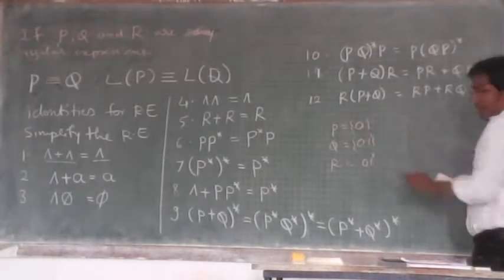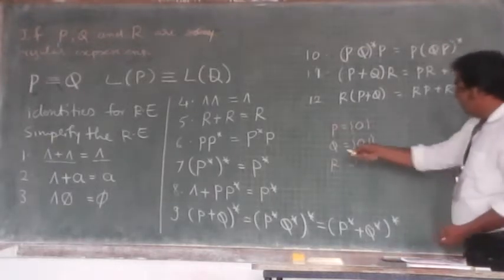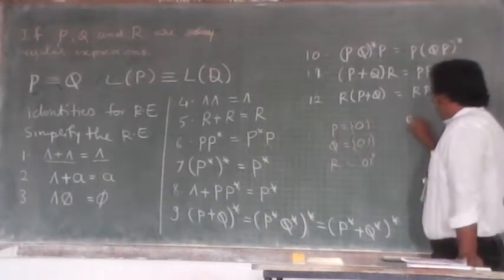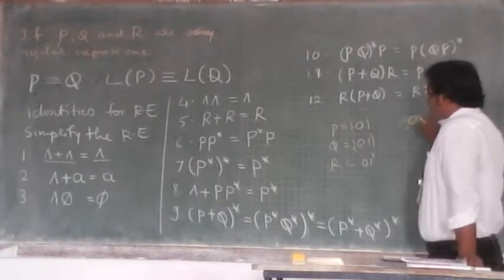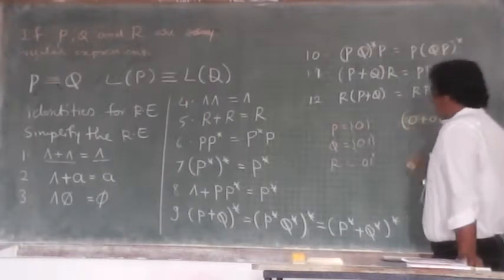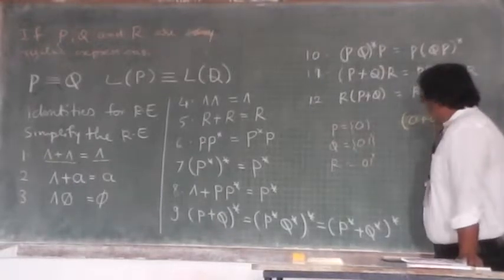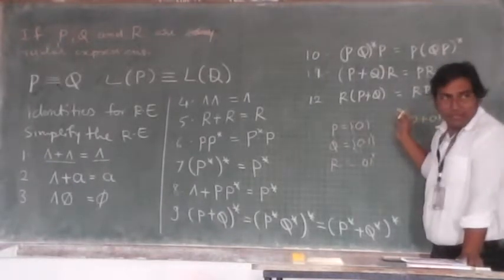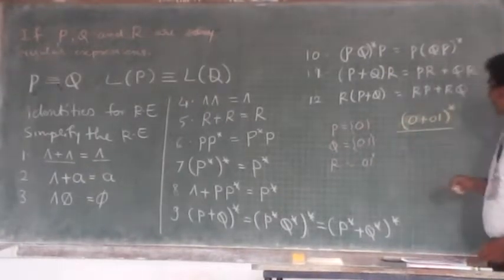Here P, Q and R I have taken, but for example, I will look at P plus Q, where P is 0, and Q is 0 plus 1, whole star. Let us generate the set of strings. With this regular expression, what are the various strings I can generate?